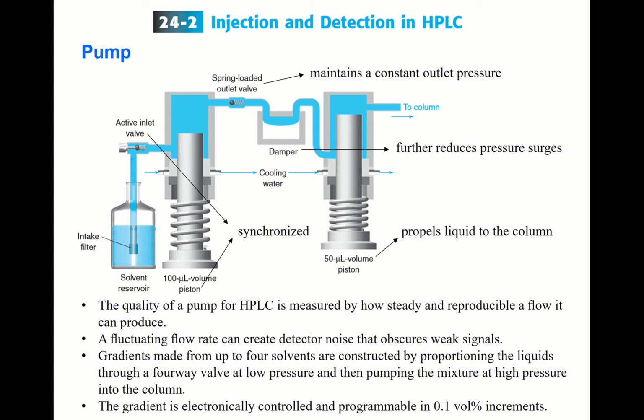By adjusting the mixing ratio, the mixed solvent enters the column. For example, if you have four solvents, then you need a four-way valve. The gradient is electronically controlled and programmable in 0.1 volume percent increments.